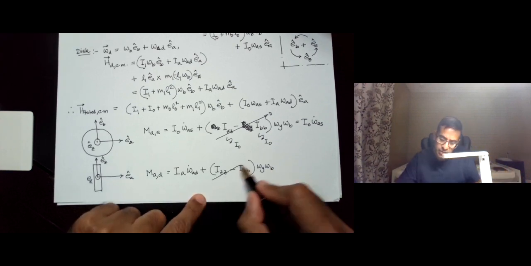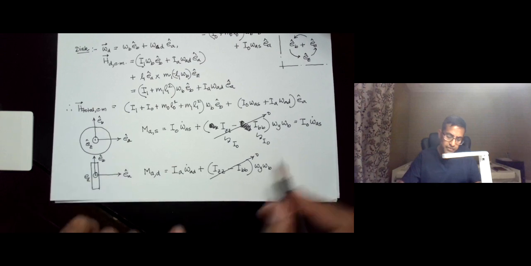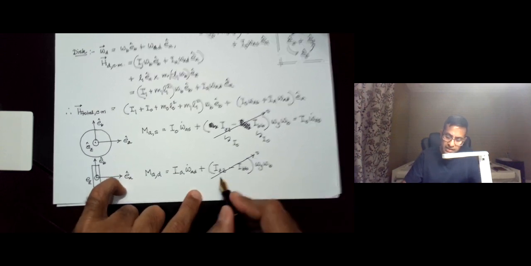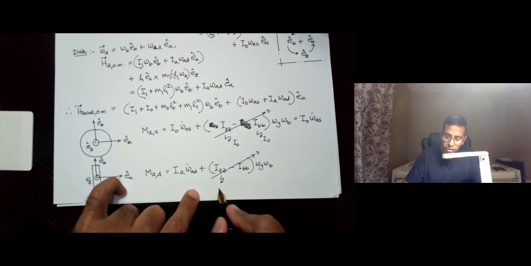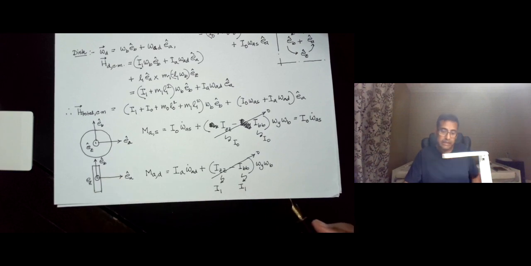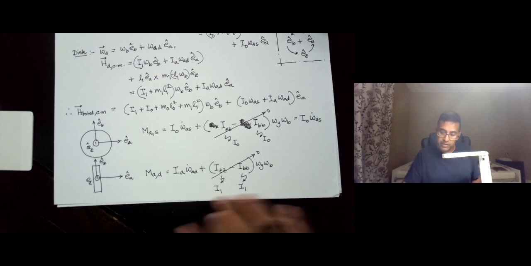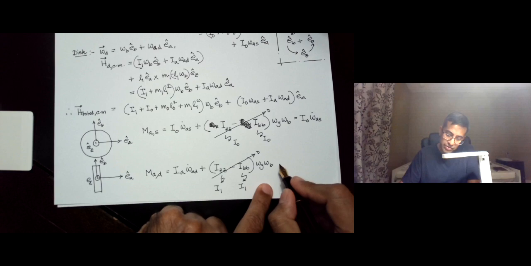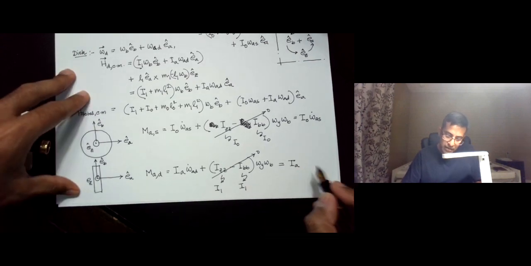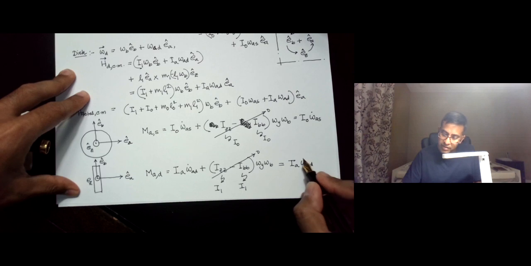And again this becomes equal to 0 because IZZ and IBB are both equal to I1, which we had specified at the beginning when we were solving the problem. These were the transverse moments of inertia. So this reduces to IA omega AD dot.